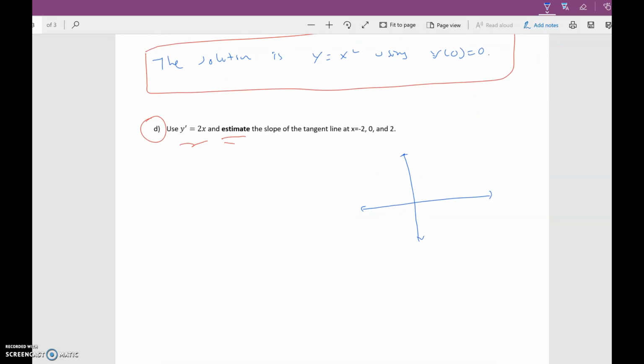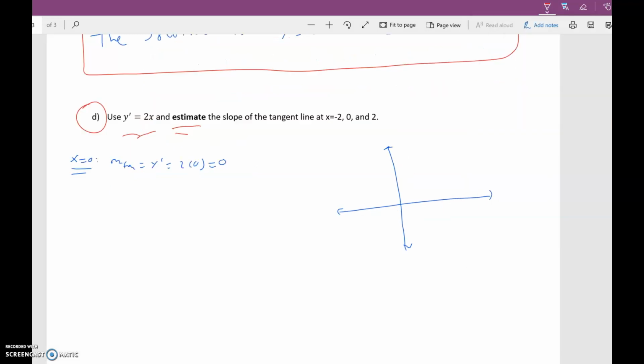So let me start with the origin. For x is equal to 0, if you're going to estimate the m tangent, in this case m tangent is equal to y prime, you would say that 2 times 0 is equal to 0, which means that at x is equal to 0, the slope of the tangent line is 0.